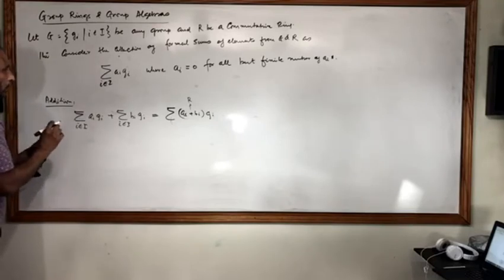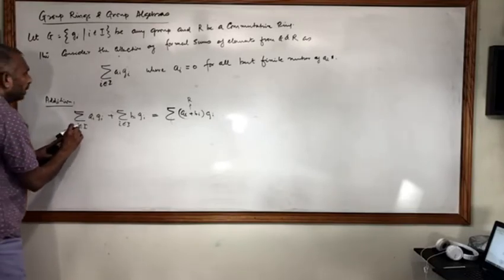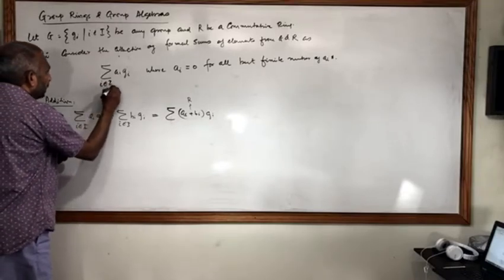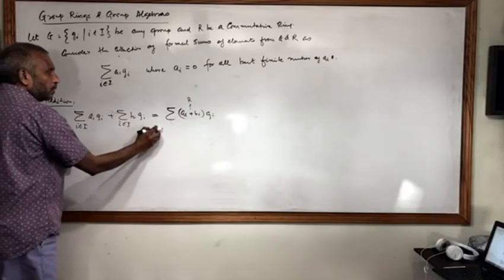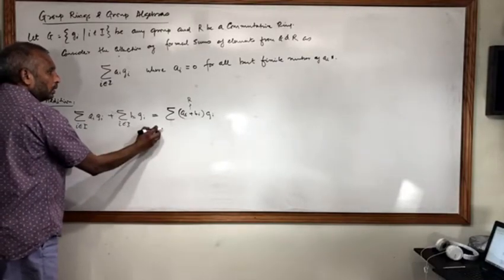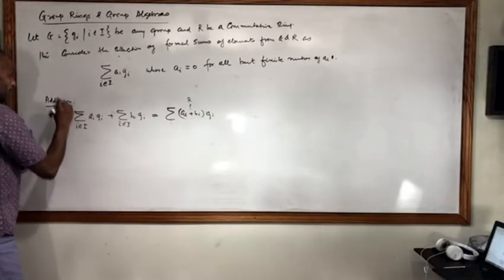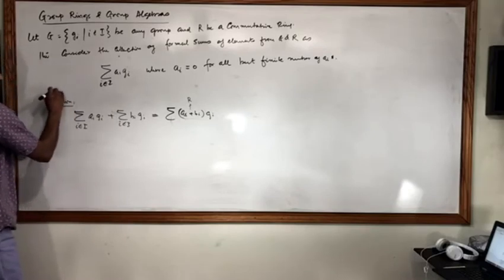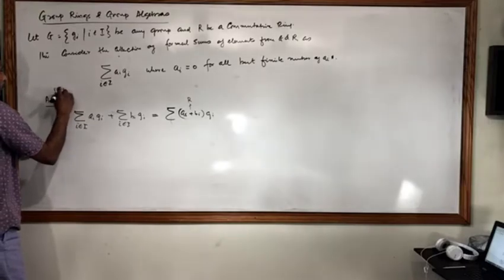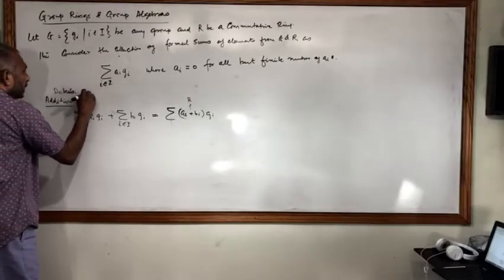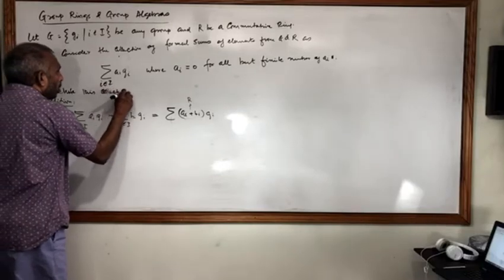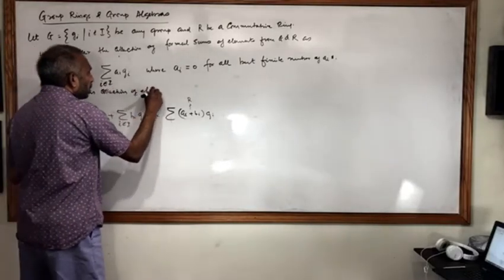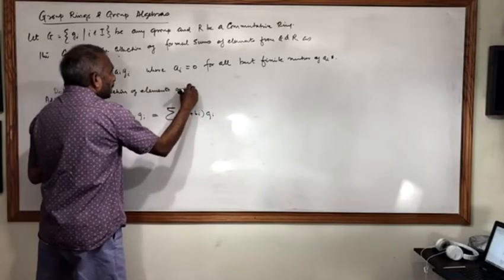I'm not going to prove here that this collection along with this addition is an abelian group. We denote this collection of elements as RG.